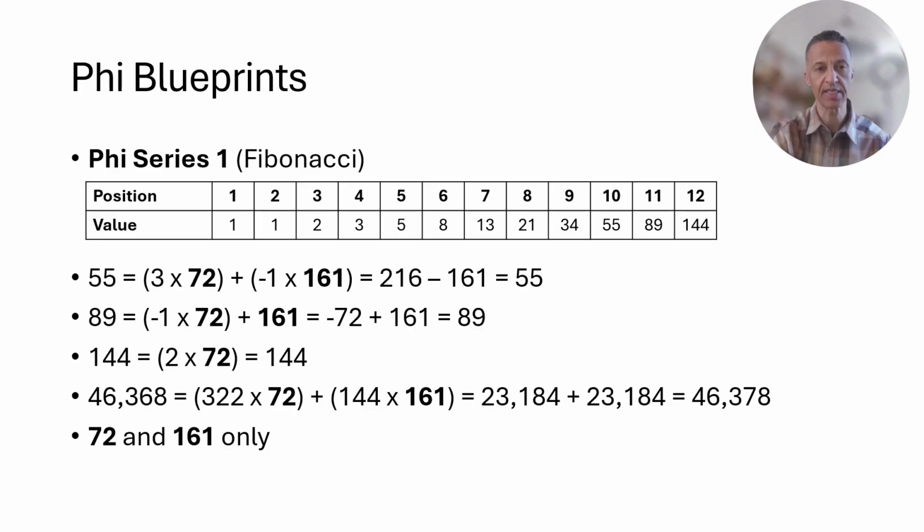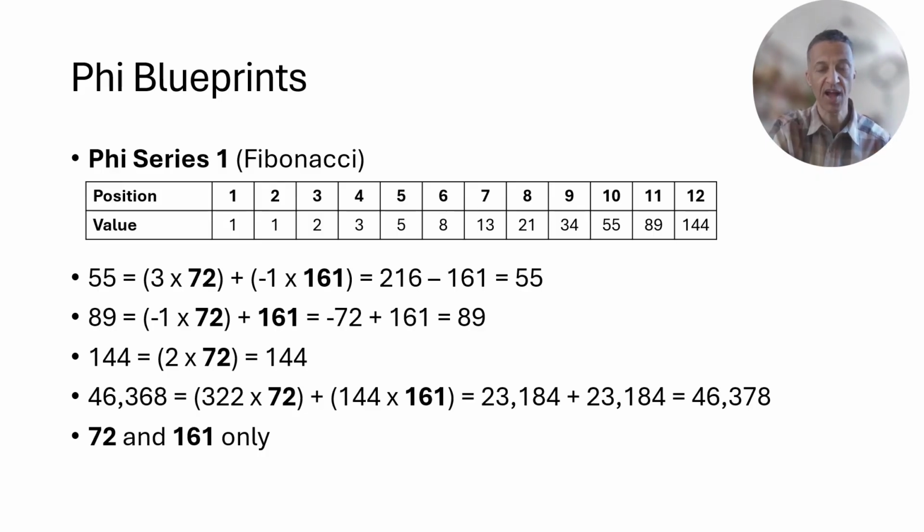And I've calculated the values at the 10th, 11th, and 12th position, so 55, 89, and 144, using the combinations of the 3 Phi blueprints, 72, 161, and 137, except in this case, Phi Series 1, the Fibonacci series, is unique among all the other 9 series, and you only need the Phi blueprints 72 and 161 to derive the values.